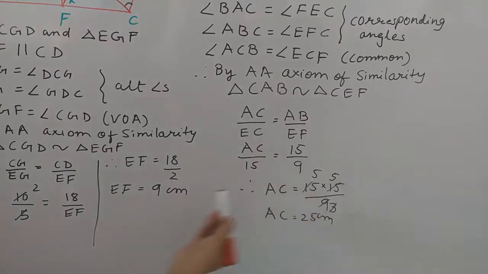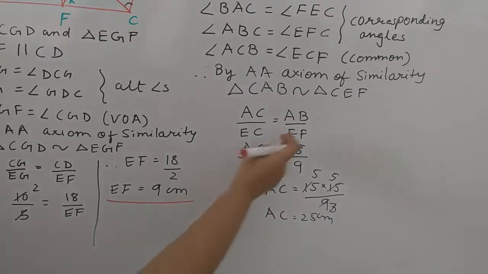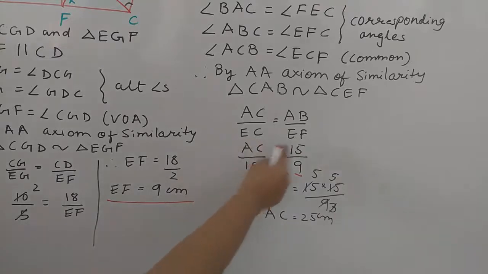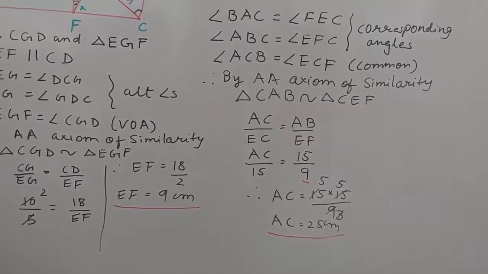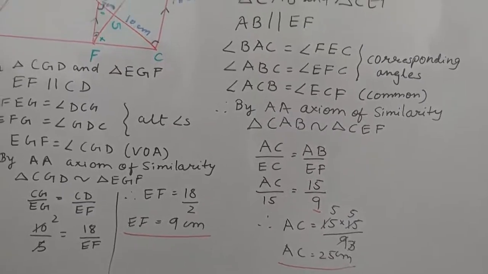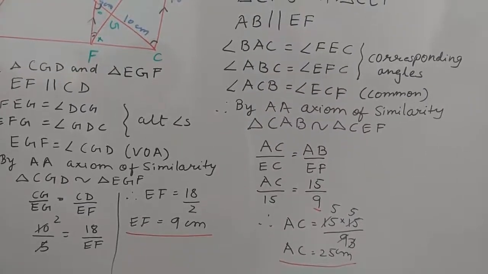And EF we have found in our first part, 9 centimeters, which I substitute here. So AC is equal to 15 into 15 divided by 9. And by calculation, I get our answer number 2: AC is equal to 25 centimeters. So this way, for question number 14, by finding two proofs, we get the required values.